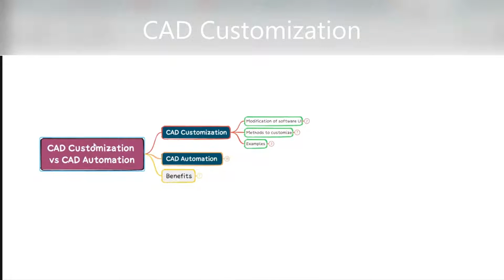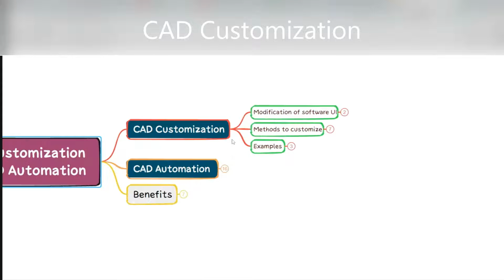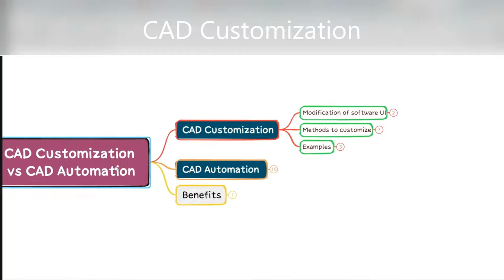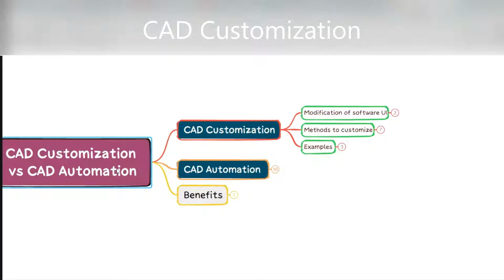What is CAD customization? If you are confused with these two terminologies, then you must watch this video till the end to get the complete clarity. So what does this CAD customization include? It includes basically modification of the software UI, the software user interface.